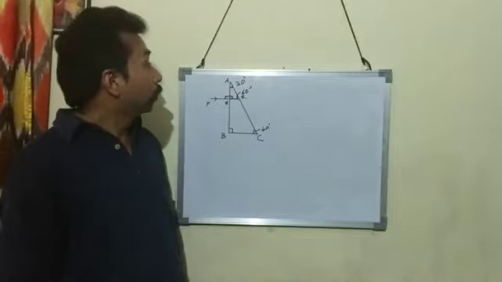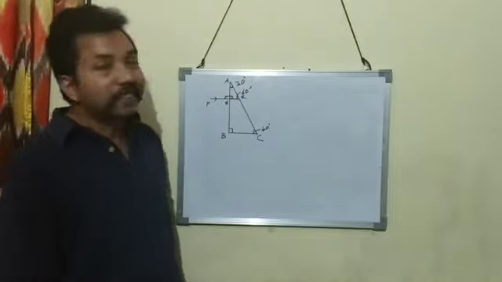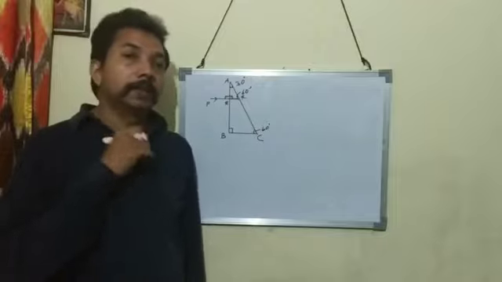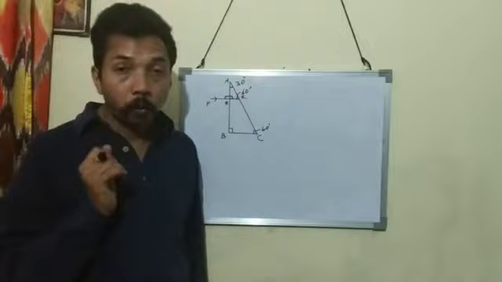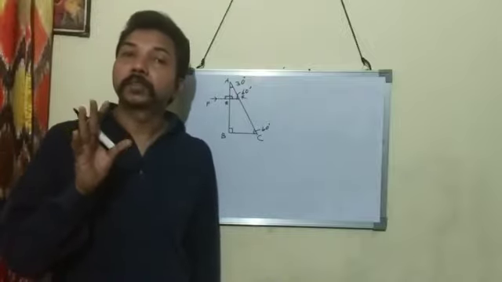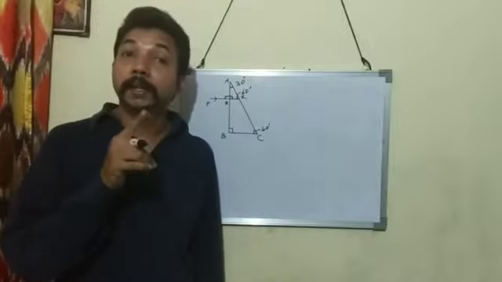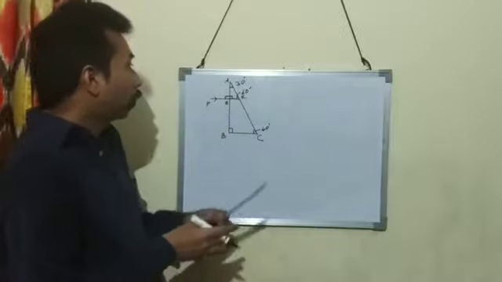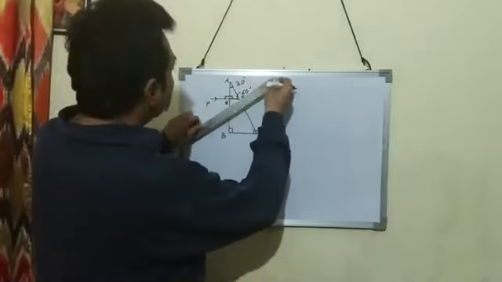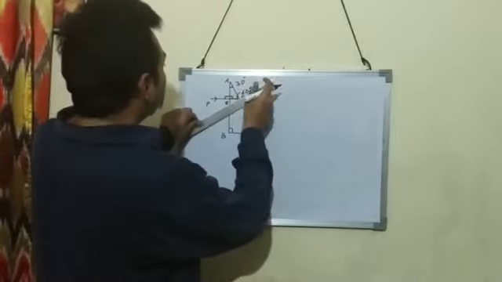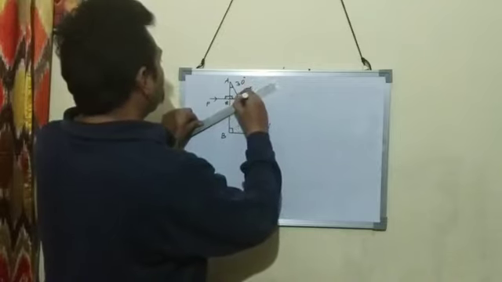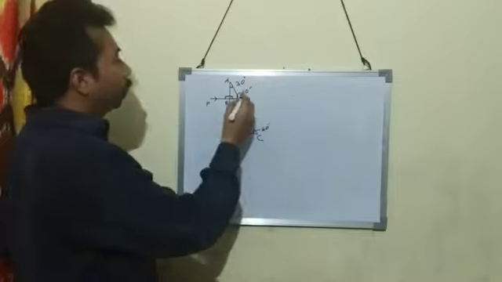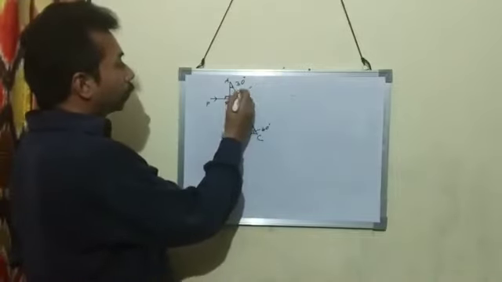Is 60 degree the angle of incidence on the surface AC? No. Angle of incidence means the angle between the incident ray and the normal. Here we have not drawn the normal, so we draw the normal at the point R. This is the normal, and this angle is 60.